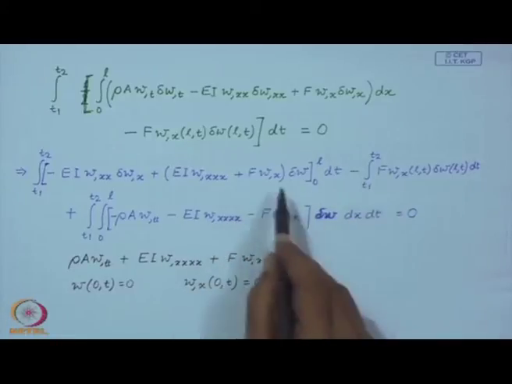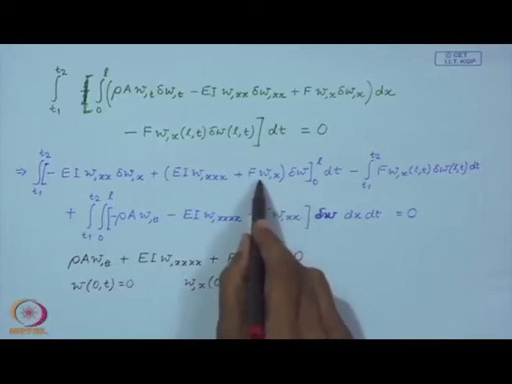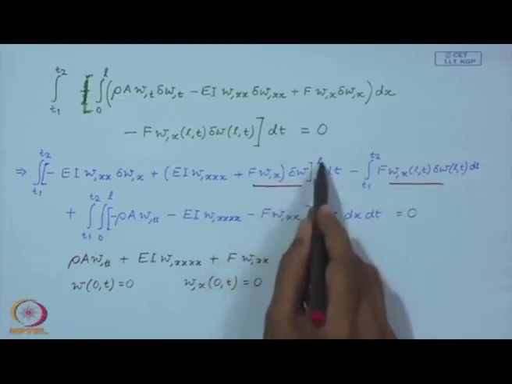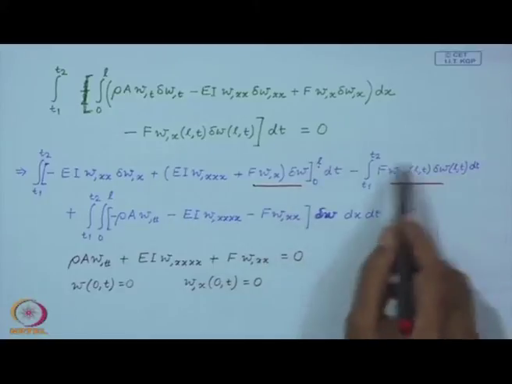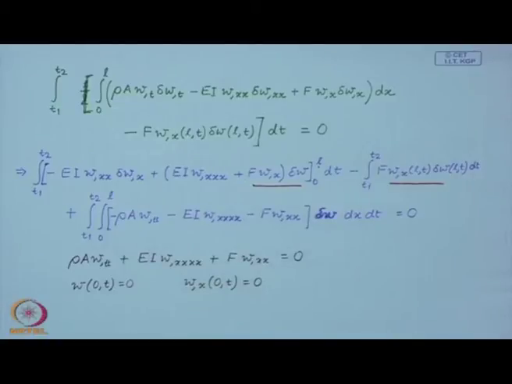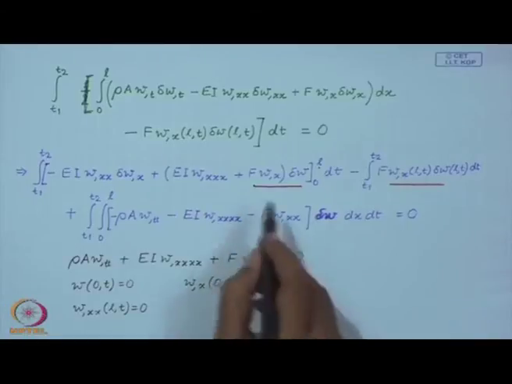If you look at these two terms, this term evaluated at L and this term are going to cancel, and finally what you are left with at x equal to L are the natural boundary conditions.